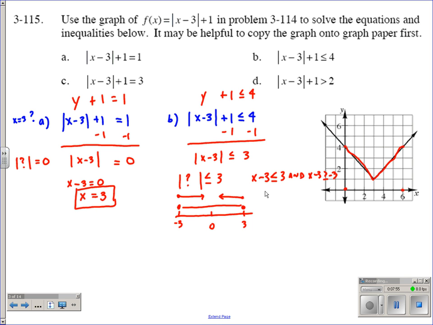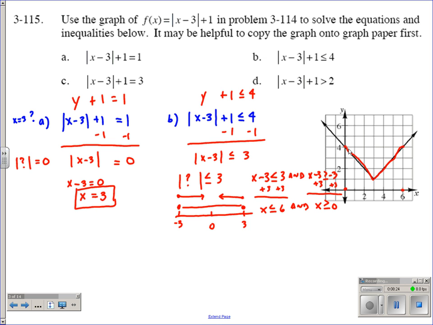And now we could go ahead and try to solve these. We'll add our 3 to each side here. We get x is less than or equal to 6. And we add our 3 to each side here. And we get x is greater than or equal to 0.